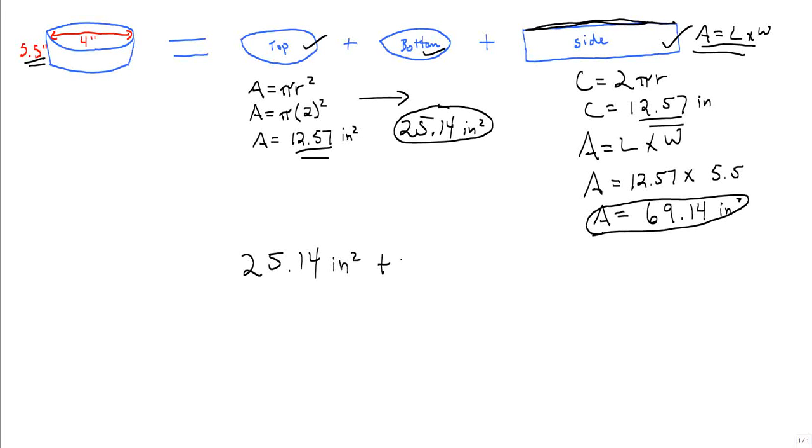We're going to add that to the side, which we calculated to be 69.14 inches squared. Gives us a grand total of 94.28 inches squared. So, to answer the question, the cannery is going to need 94.28 inches squared of tin for every single can that it produces.